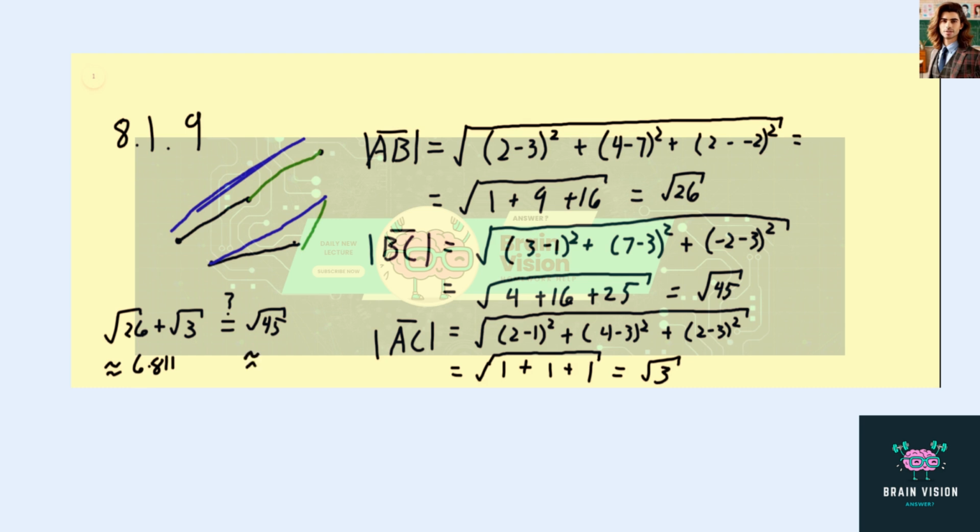And for the right-hand side, root 45, I got about 6.708. So for part A here, you can say confidently no. All right, now on to part B, same process.